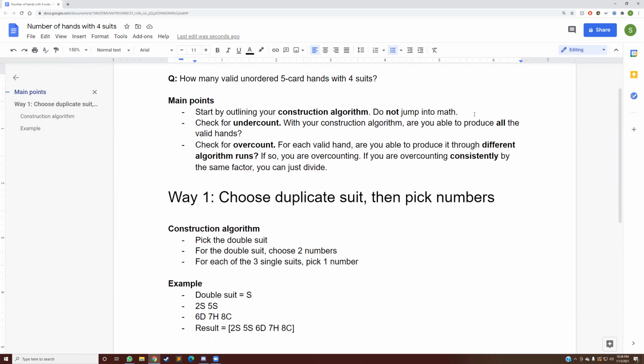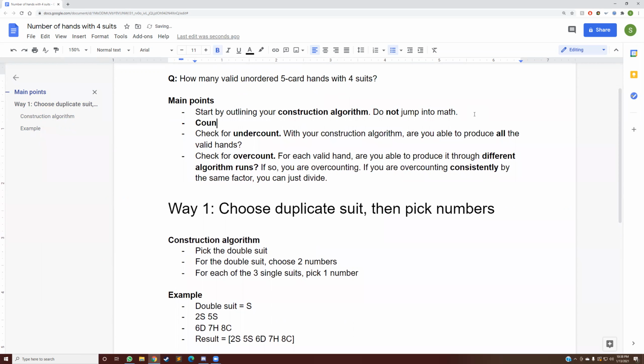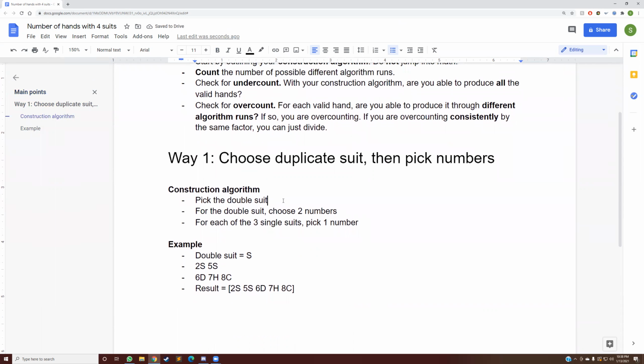Now we are going to count the number of possible different algorithm runs. So how many ways are there to pick the double suit? 4.